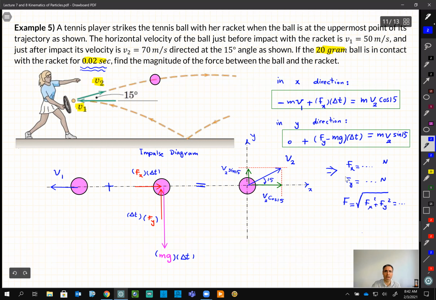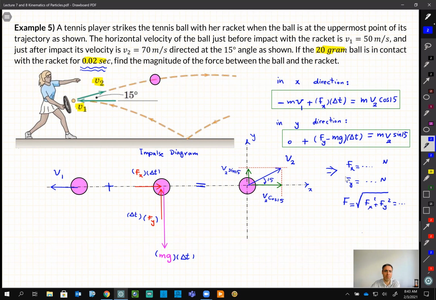When the question talks about time, the time for the impact, then we know it has to do with impulse. And of course, in this question, we don't need to know the coefficient of restitution, but if the question asks us to calculate it, there are ways to calculate it, but it's out of the scope of this course.